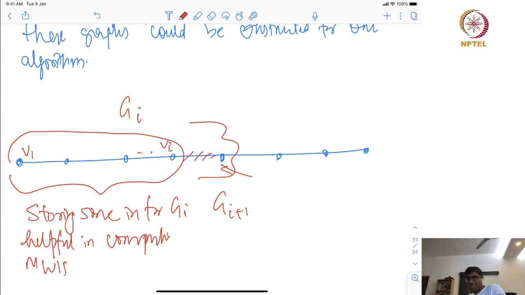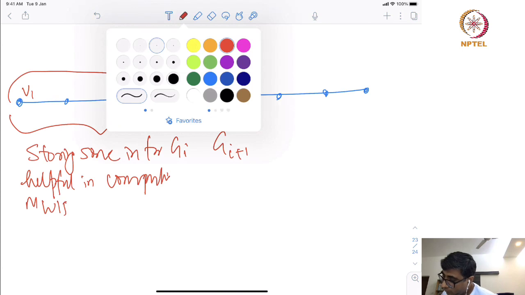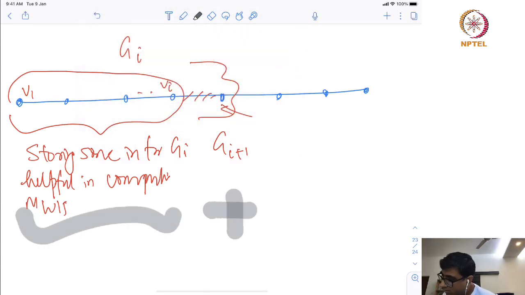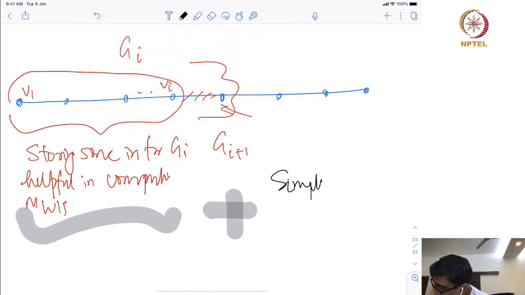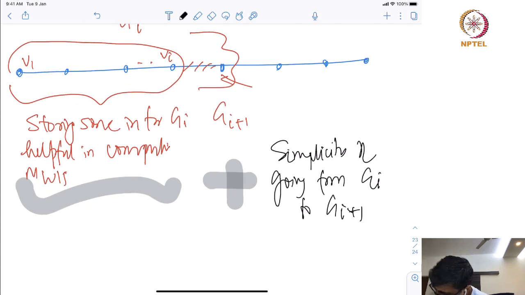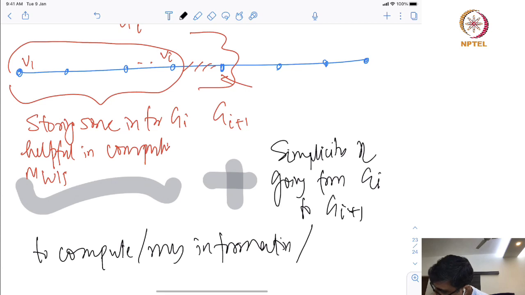Can I use this information plus the simplicity of going from G_i to G_{i+1} to compute, or rather update, my information?